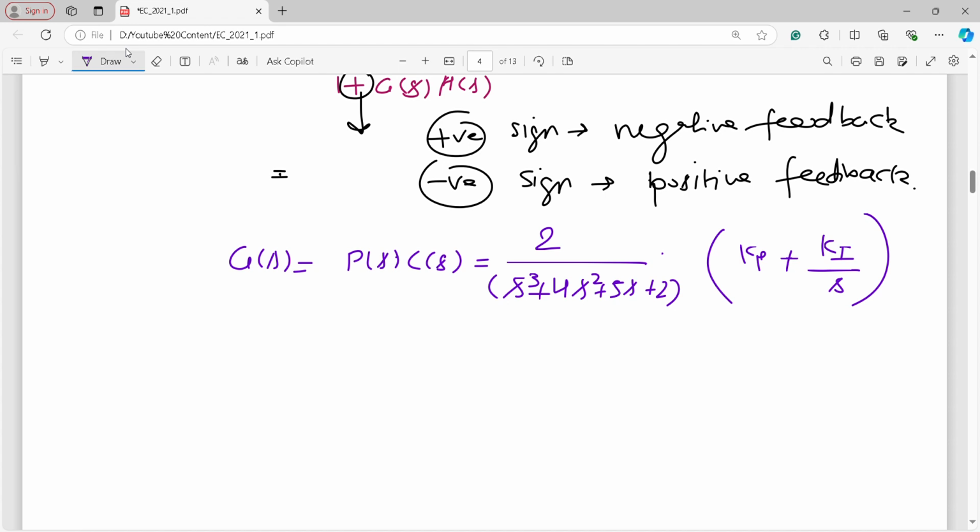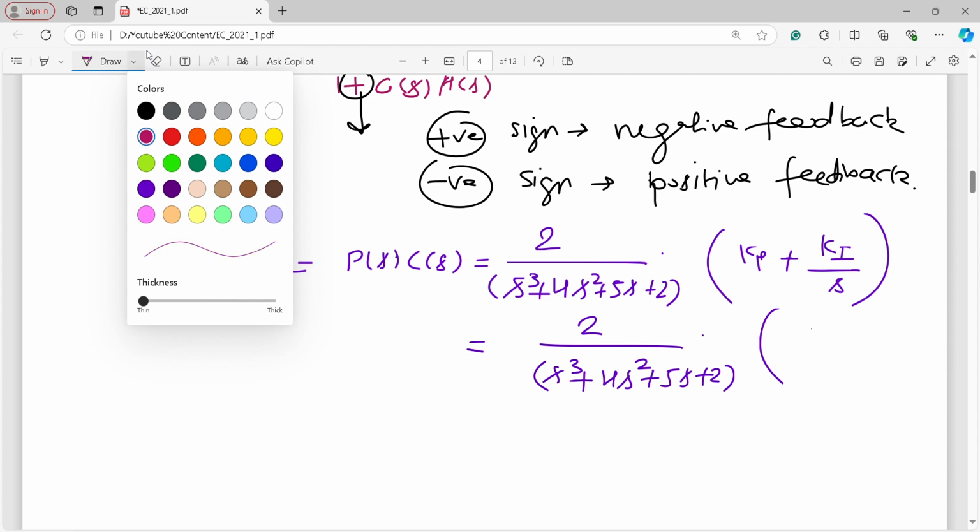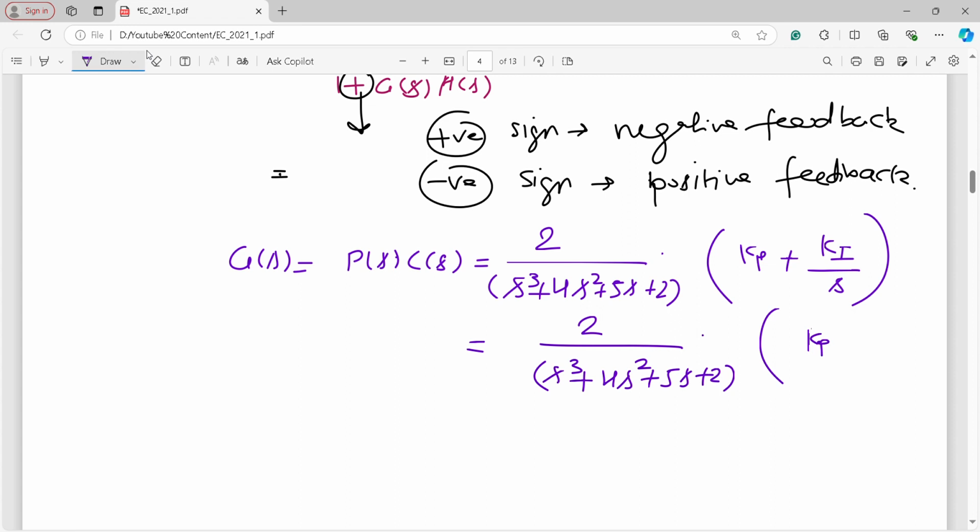Okay, so let's simplify. 2 by s cube plus 4s square plus 5s plus 2 into (Kp s plus Ki) by s. Alright.